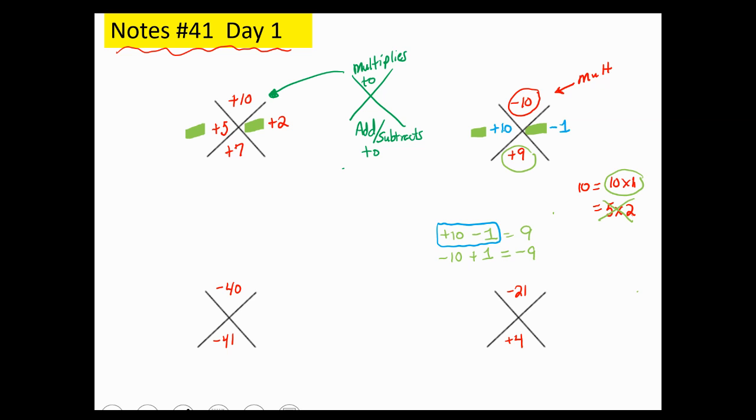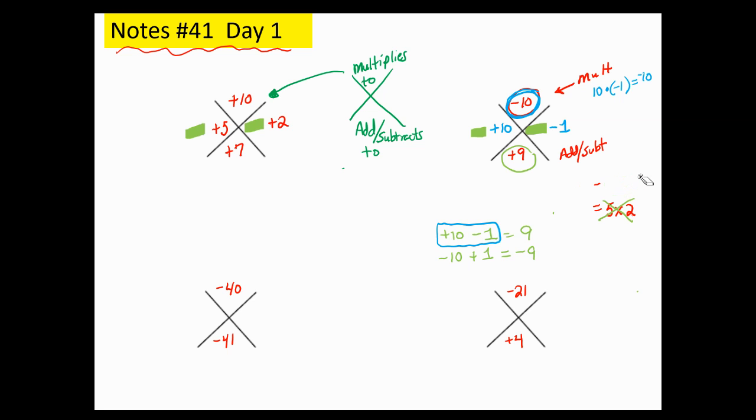So now just check. Is 10 times negative 1 equal to negative 10? Because it has to match this. It does. 10 times negative 1 is negative 10. Now check the bottom. It has to add or subtract to the bottom, right?